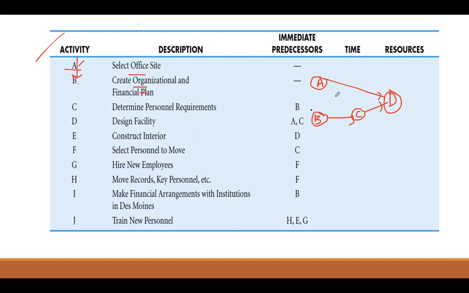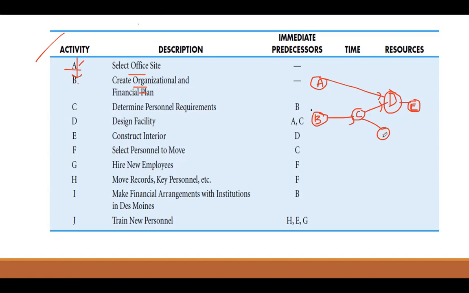So it shows a proper relationship. Then you have D, and after D, E will start. Your diagram can be of any type, but it should clearly consider all the relationships. And then after C, you have F, right?